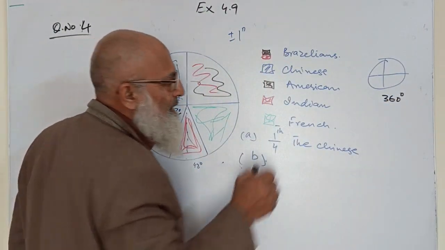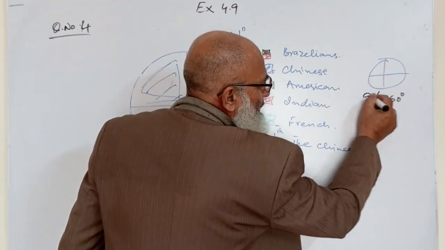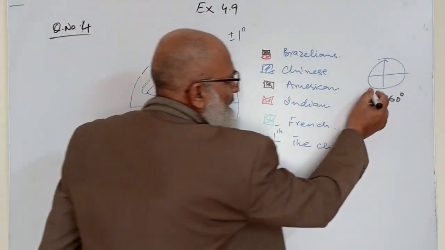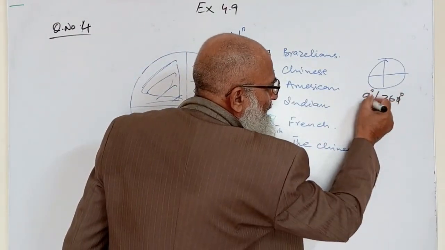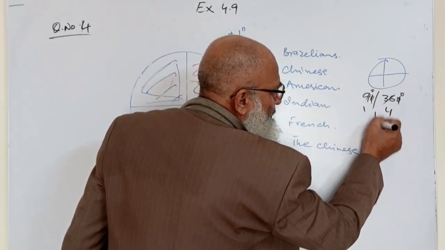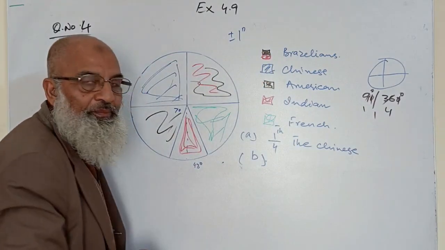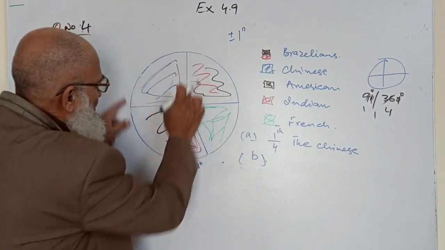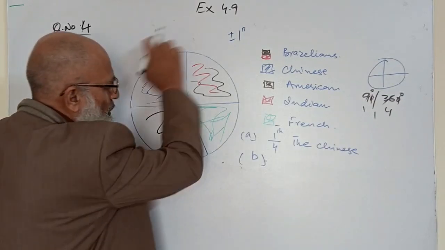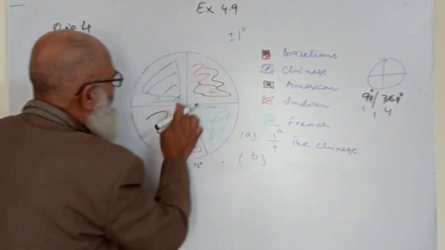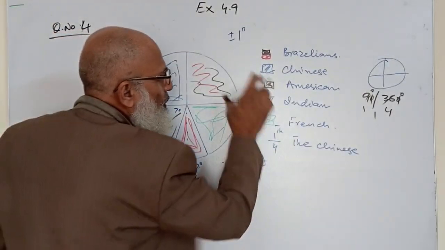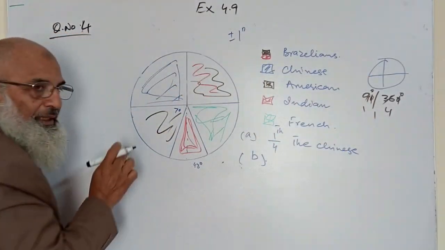If one sector is 90 degrees, then it means that the sector is 1/4, as it is written over here. Now this sector is 1/4 of the total circle.